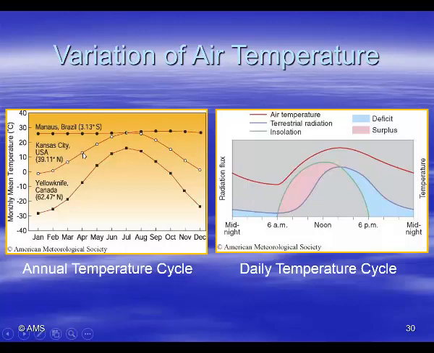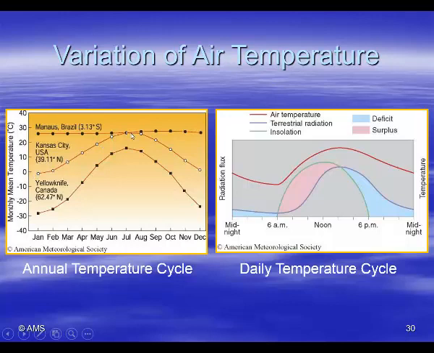This annual temperature cycle decreases as we go up towards the pole. So for instance, if we look at Brazil, we're really close to the equator, and the temperature doesn't change much. This is the monthly mean. If we look at Kansas City, we're at about 39 degrees. Our winters are at 0.